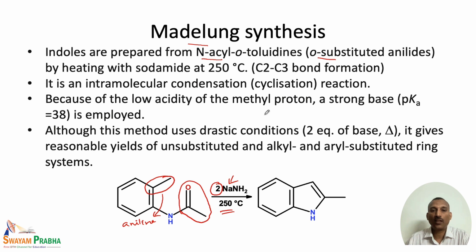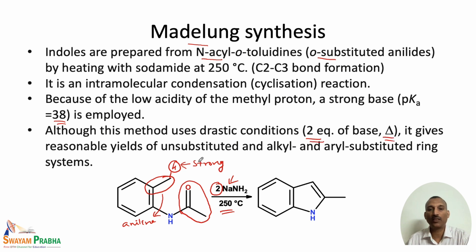The reason is like this: the hydrogen atom on this methyl group is a very weak acid. So, to abstract this proton, we need a very strong base. So, that is the reason we have to use sodamide as the base in this particular case. Its pKa is around 38, and this reaction actually involves 2 equivalents of a base and a very high temperature.